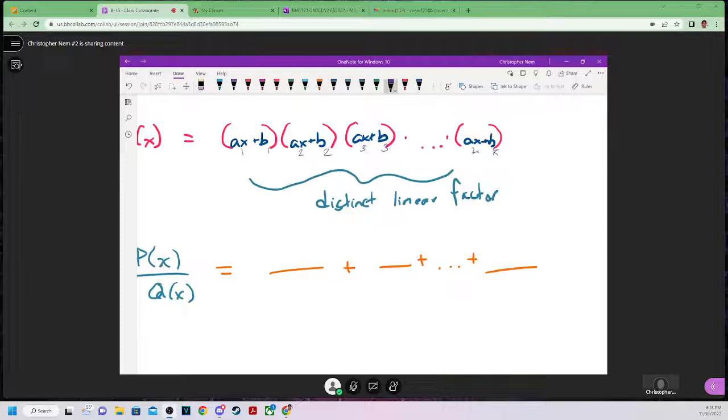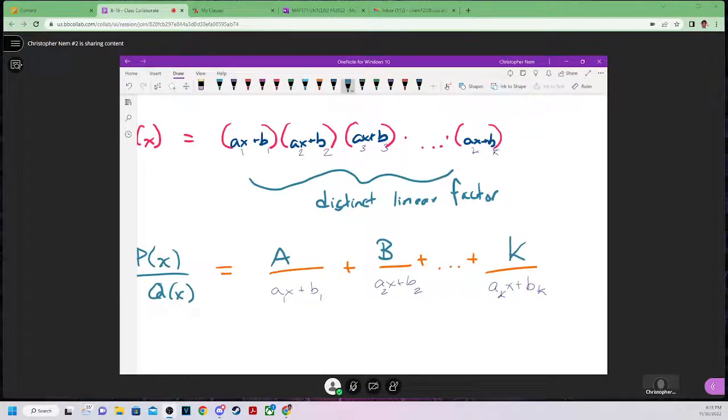Then that means I will have ax plus b, ax plus b, this is the second one, all the way to akx plus bk. And then we have numerators a, b, c, all the way to k. I don't know how large k is. We're just going to keep having our letters.